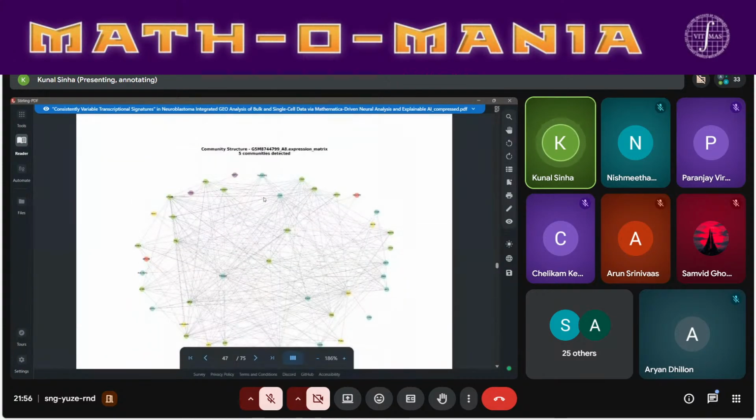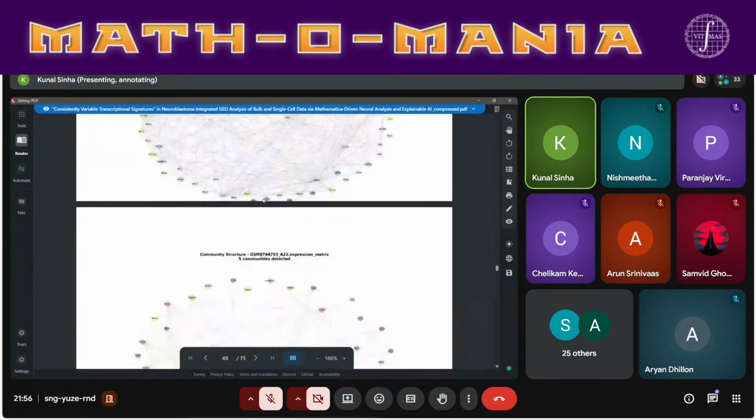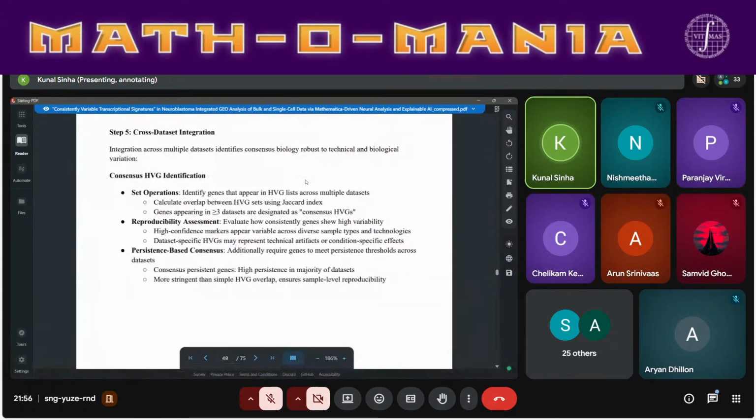There are factors called betweenness, closeness, and degree and density of nodes, and based on all those factors the Louvain algorithm calculates the community. Basically, it's a clustering type of algorithm, and the nodes of the same color are in the same cluster. So that is how this usually goes.